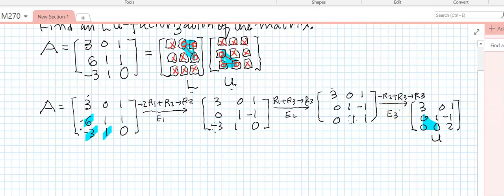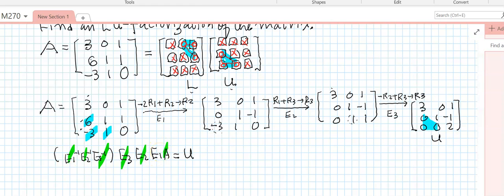So what we have here is E3 E2 E1 A is upper. When you multiply both sides by E3 inverse, E2 inverse, E1 inverse, these cancel out on one side, and on the other side you multiply E1 inverse, E2 inverse, E3 inverse.